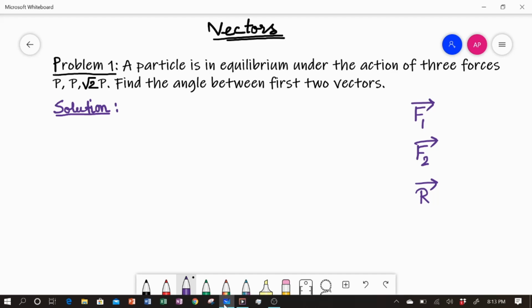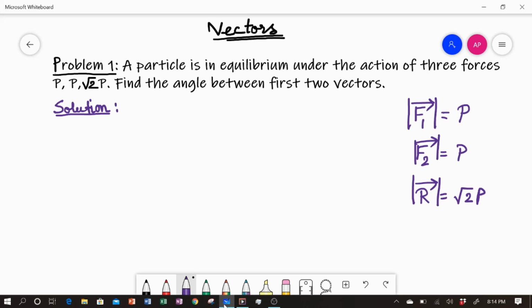The magnitudes of these three vectors are given, that is P, P and root 2P. You know how to write the magnitudes? Mod of F1 vector, mod of F2 vector and mod of R vector are given.